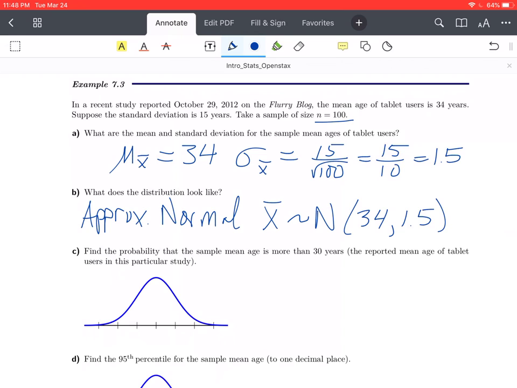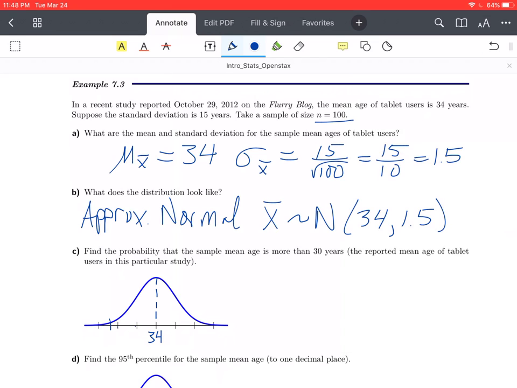Find the probability that the sample mean age is more than 30 years. So remember our mean here in the middle, that's 34. Standard deviation is 1.5, so we're going down by 1.5s here. So 30 is going to be way down in here somewhere. Okay, let me draw that a little more cleanly.